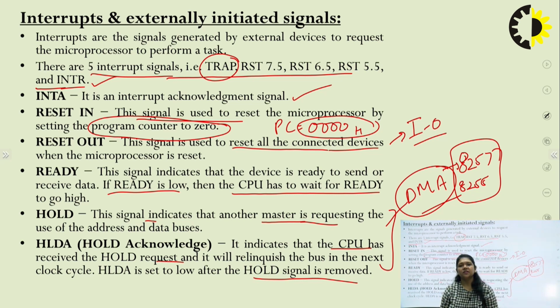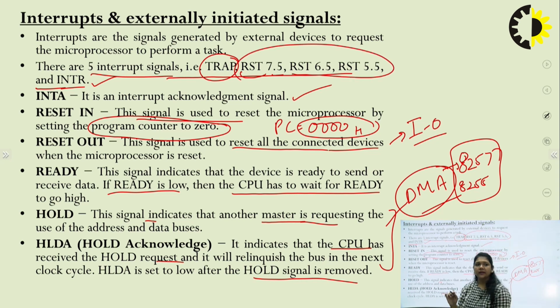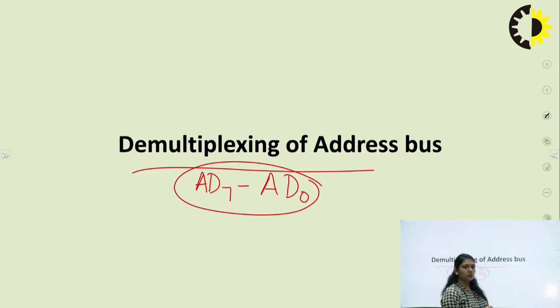The microprocessor will have to deal with it at any cost. It will be trap, as the name suggests. Next is RST 7.5, 6.5, 5.5. These three interrupts are vectored interrupts. They have their particular address. If this interrupt comes, the microprocessor will have to go to that particular location and deal with the interrupt. So again, back to the demultiplexing.